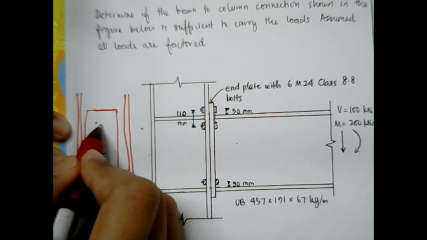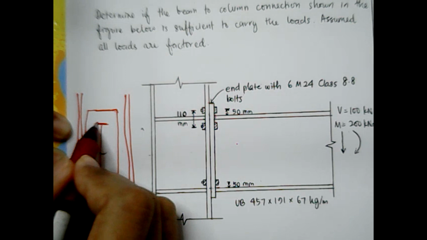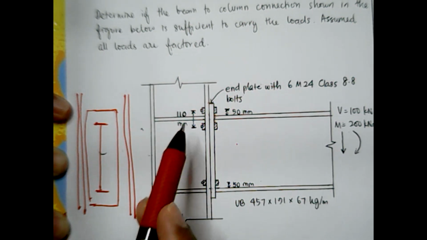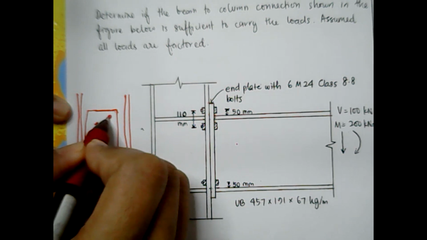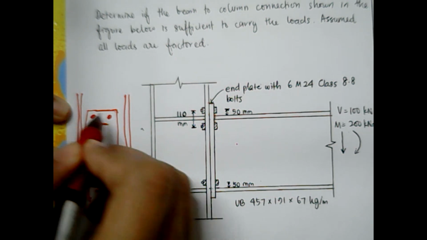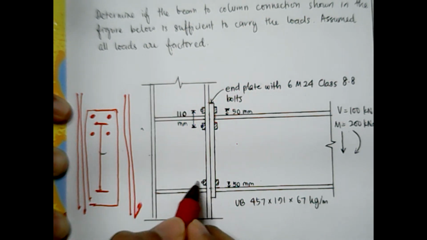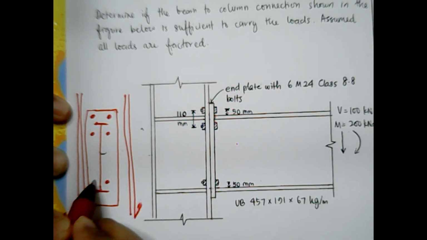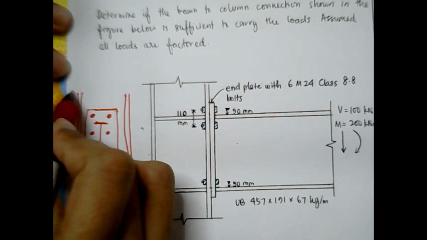Here is the beam, and then you have bolts. There are 2 sides, so one here, one there, and then another one here, one there, and one here, one there. So here basically is the column.